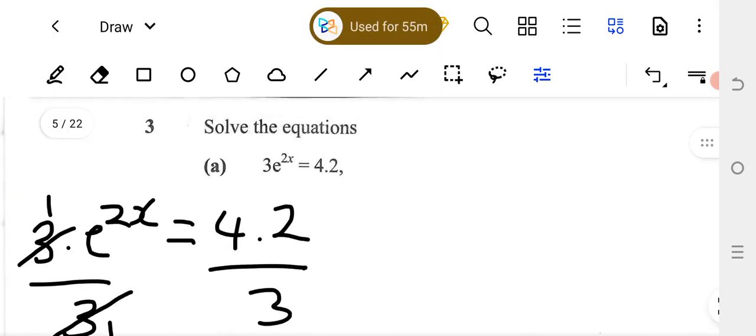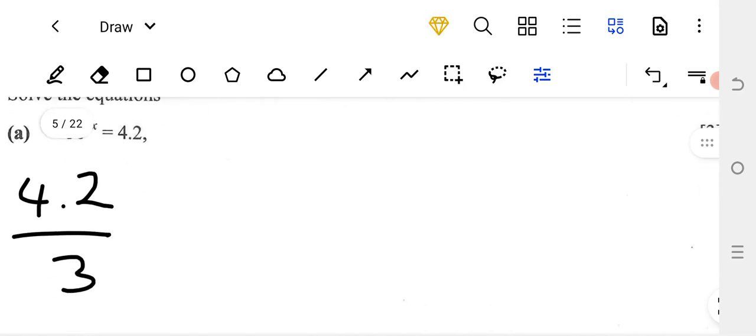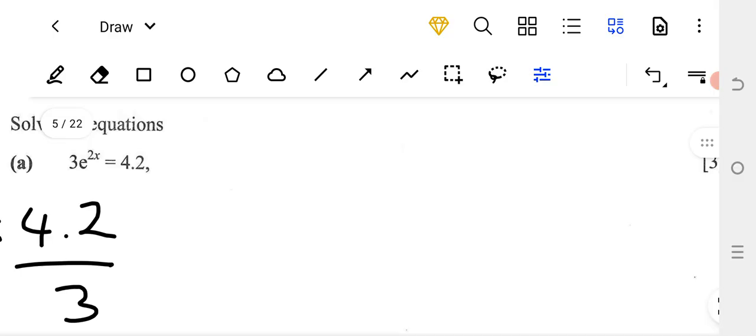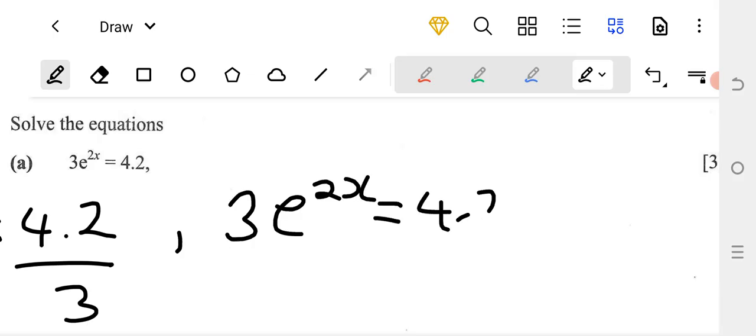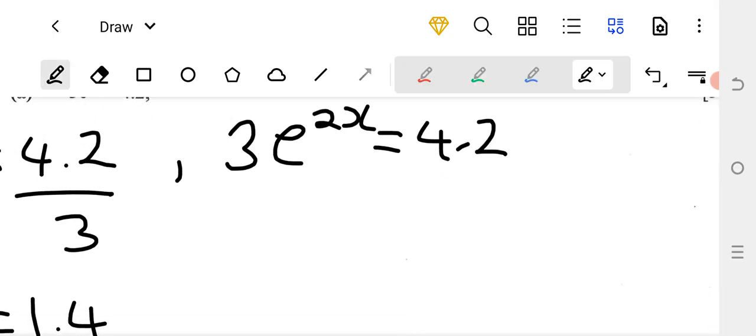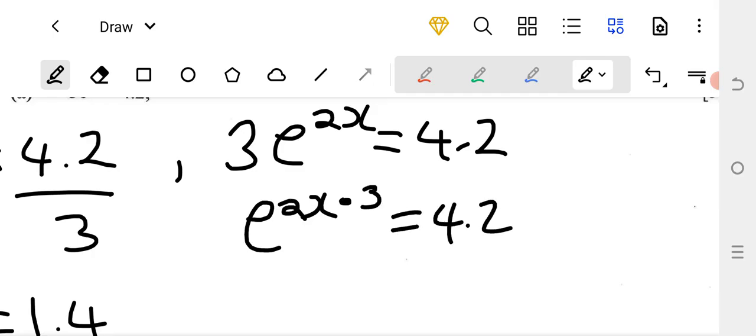And then the second method is the method that is going to give you a rounded off answer, which is 3e to the power 2x is equal to 4.2. What people did is they got this 3, then they made it a power there. So they said e to the 2x times 3, because that's the power rule.